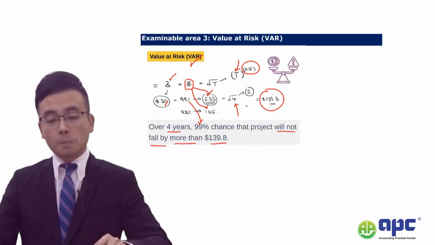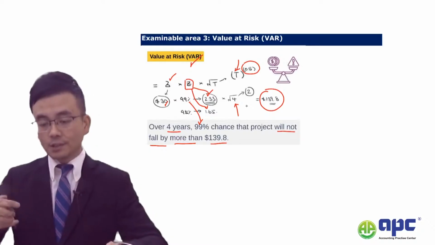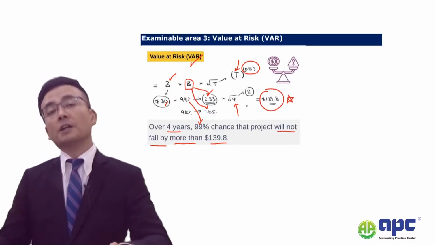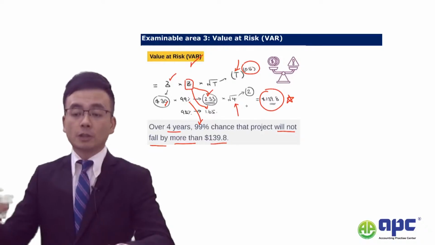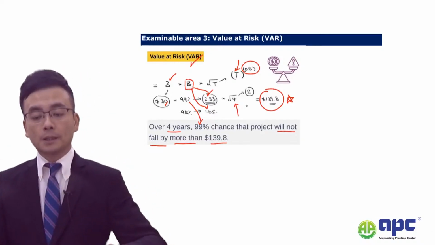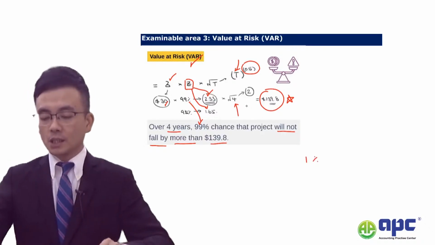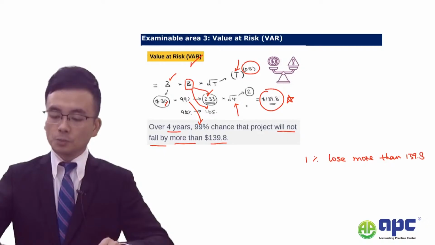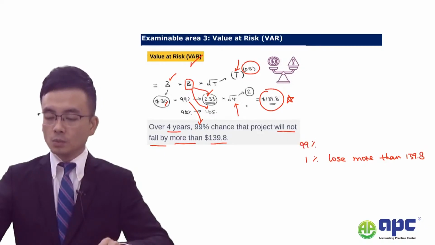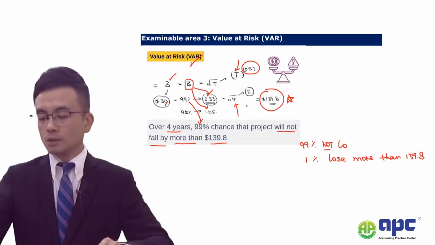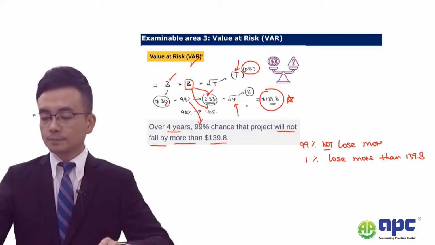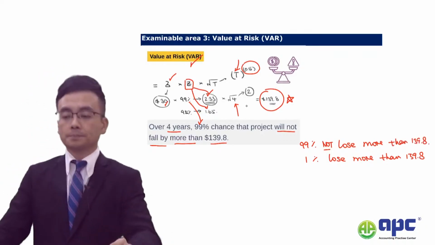So the value that is at risk will be a maximum of $139.8. But falling by more than that is just a 1% chance. So 1% chance will lose more than 139.8, which means 99% chance would not lose more than 139.8.